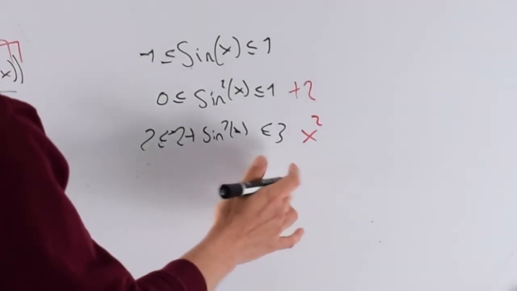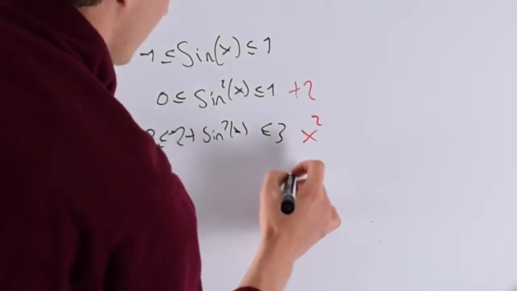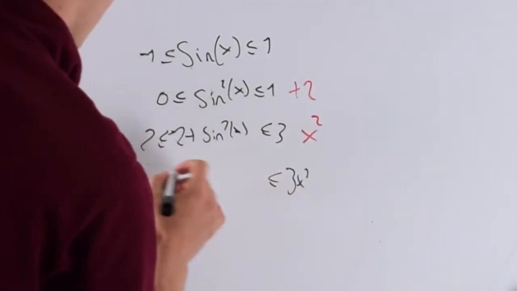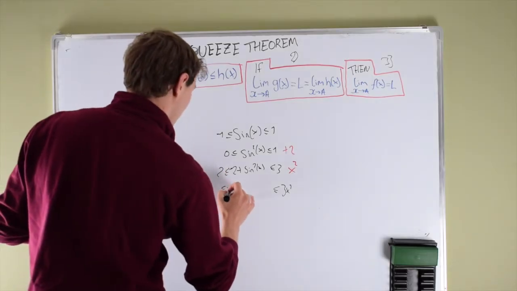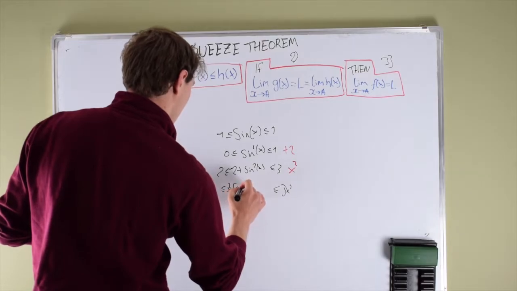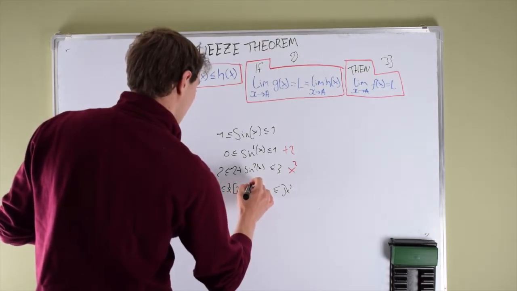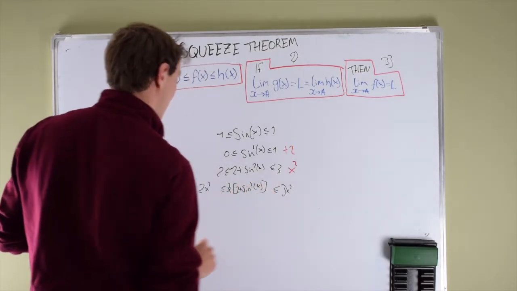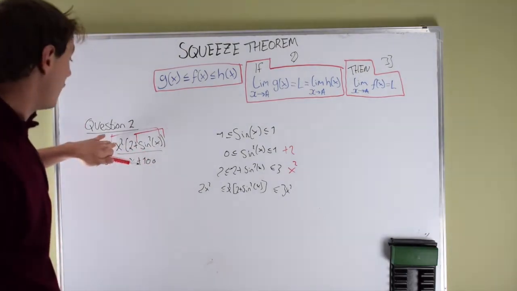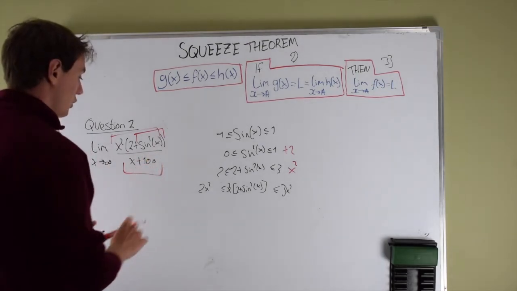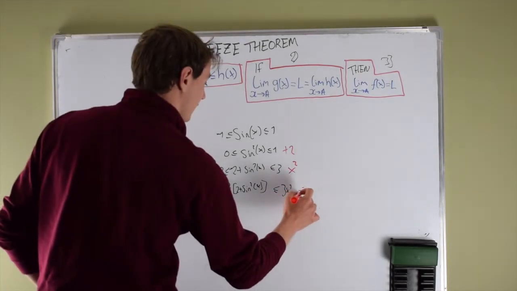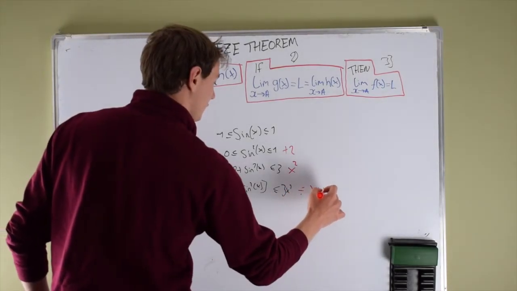So now on the right side we're going to have 3x squared, on the left side we're going to have 2x squared, and in the middle we're going to have x squared times 2 plus sine squared x. So now we've got the top part of this. All we're missing is the x plus 100, so we just divide everything by x plus 100.